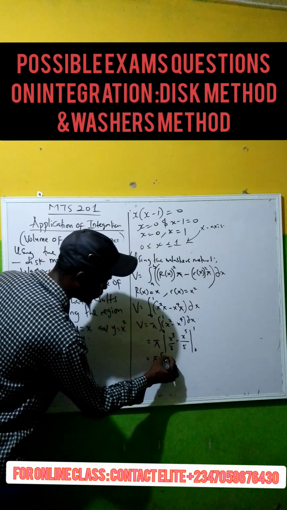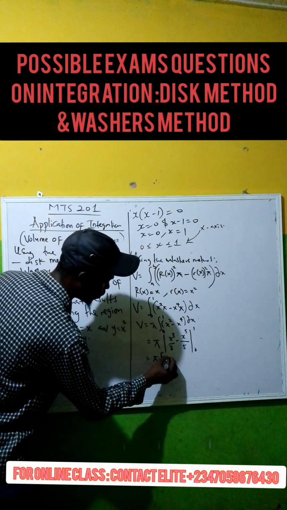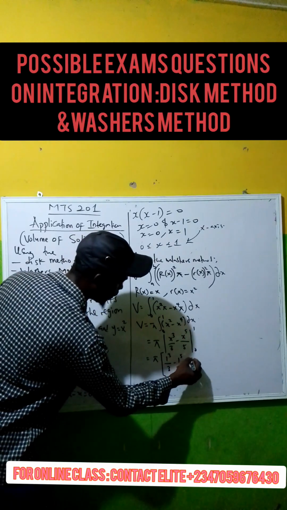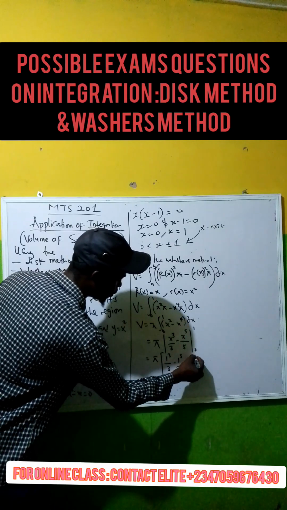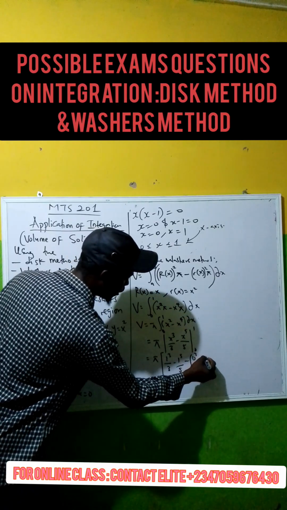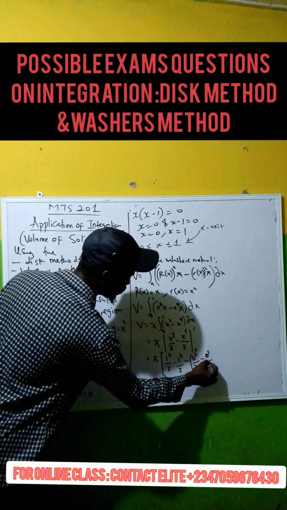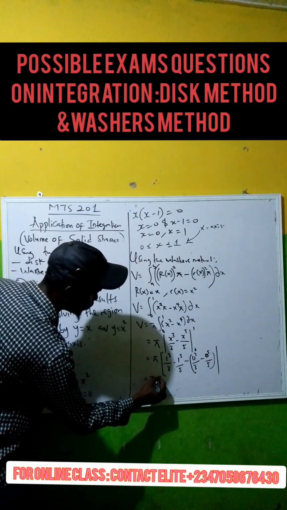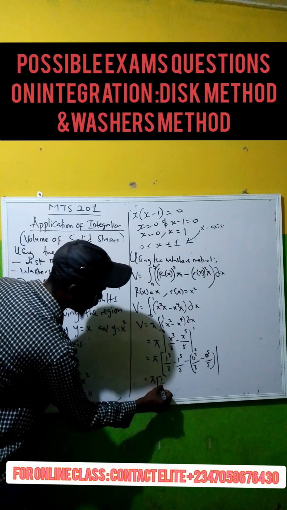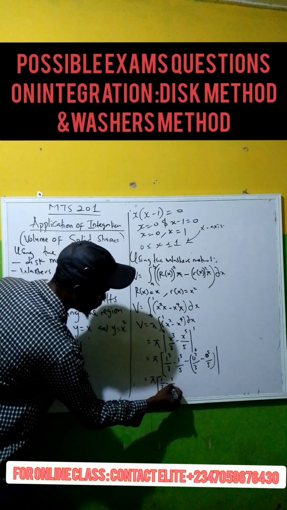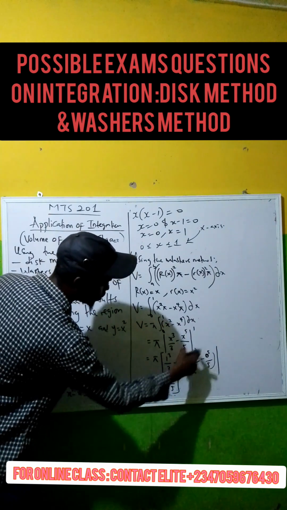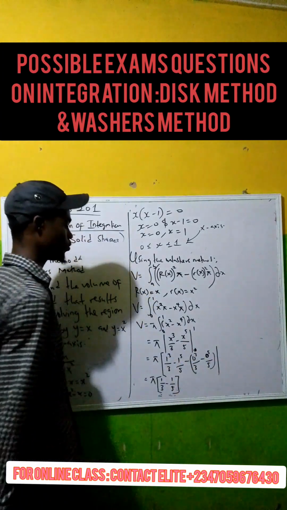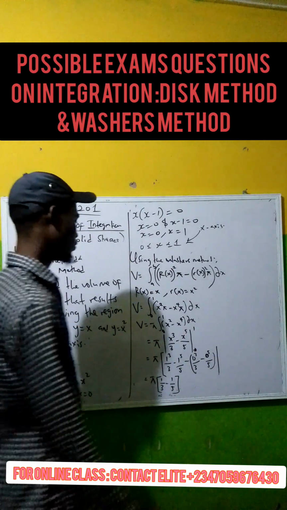Anywhere we see x, we put 1: 1 to the power 3 over 3 minus 1 to the power 5 over 5, minus, where we see x, we put 0: 0 to the power 3 over 3 minus 0 to the power 5 over 5. So the 0 terms are automatically 0.